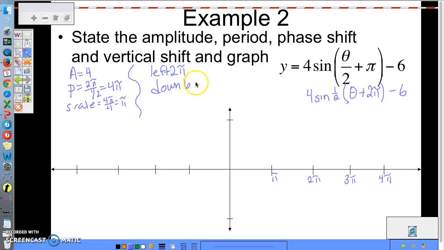This is where our new midline is, because usually it's at 0, but it's moved down 6. So 1, 2, 3, 4, 5, 6. So this is our new midline. And our amplitude is 4, so 1, 2, 3, 4.